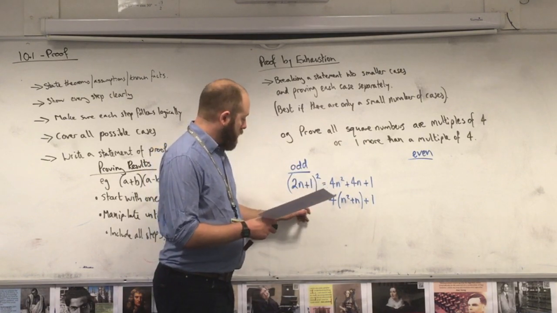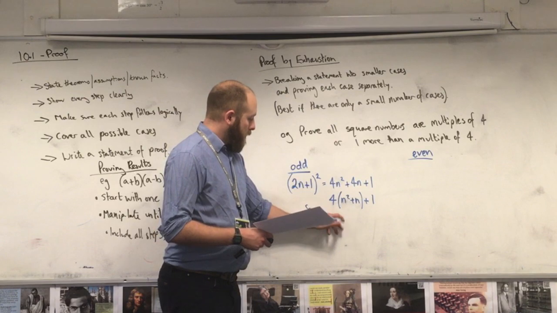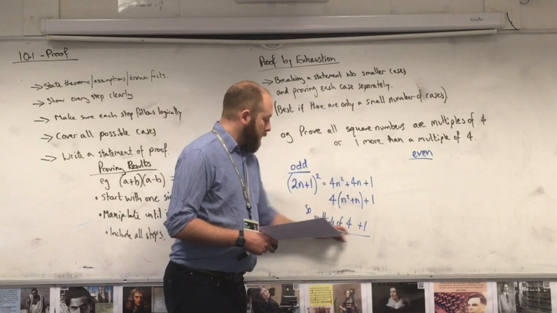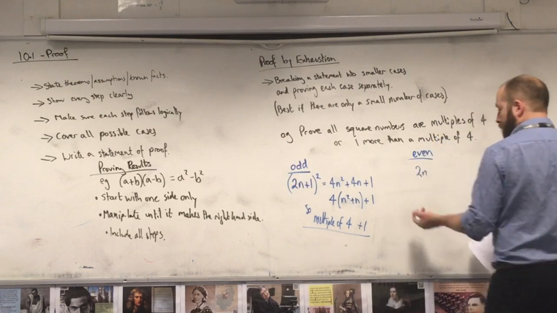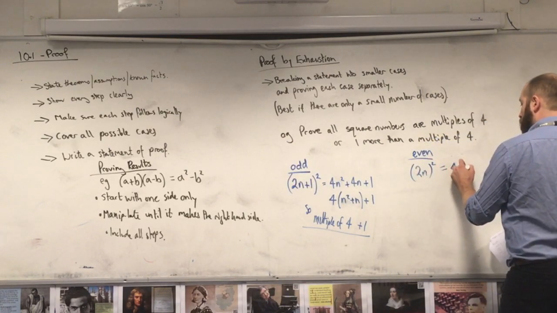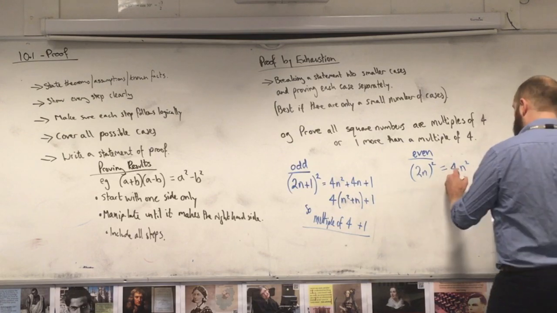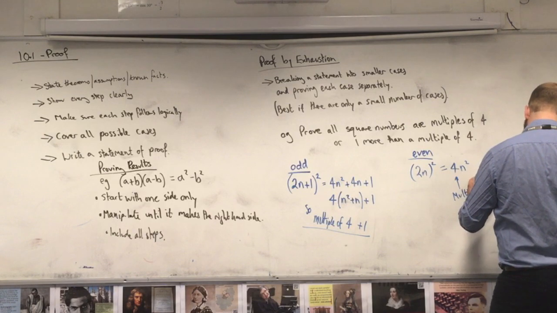So multiple of 4 plus 1. Even numbers, we could have 2n, 2 times any number, that's even. So an even number squared, expand that, we get 4n squared, which is a multiple of 4.